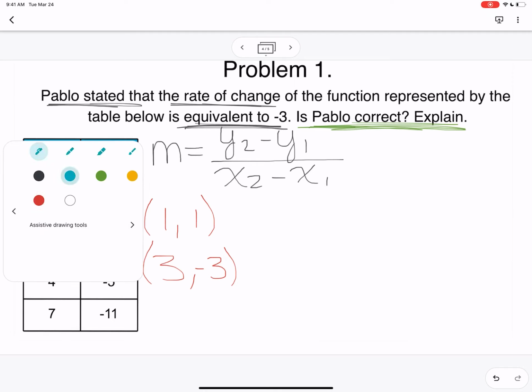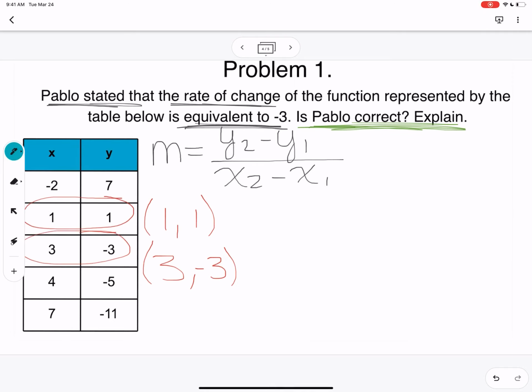After we choose our 2 points, we have to identify our x1, y1, x2, y2. So my x1 is 1 and my y1 is 1 as well. For the second point, my x2 is 3, and -3 is my y2.